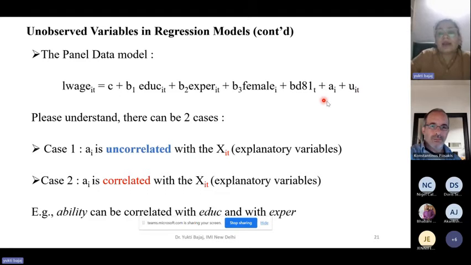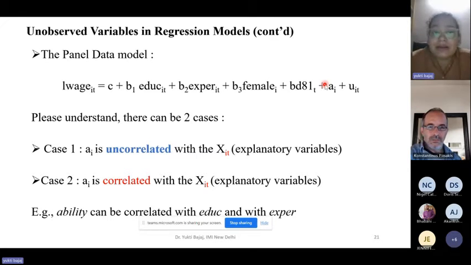Now, as I said, this ability could be related with education. The higher the education, the higher is my ability to perform that task. The lower my education, the lower is the ability to perform. So they can be correlated. So this develops two cases for me.